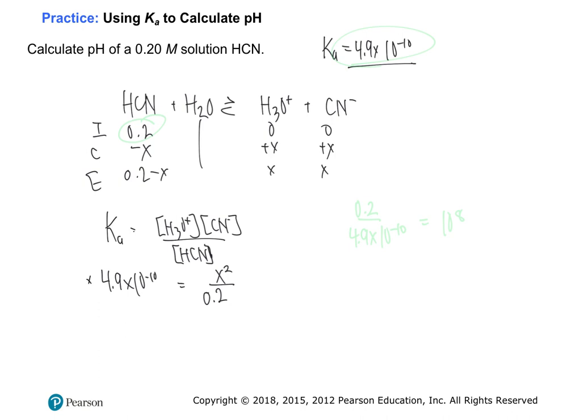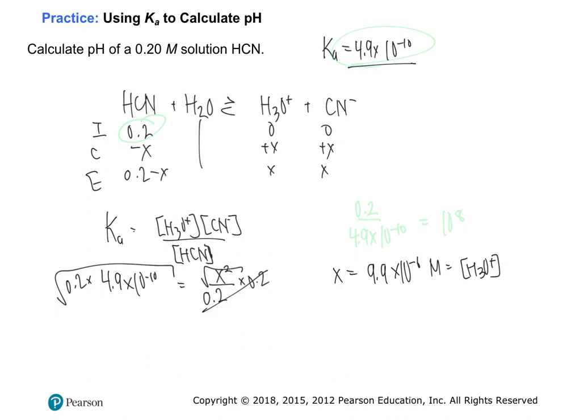So then to solve for X, I'll multiply by 0.2 on both sides, square root. So we get 0.2 times 4.9 times 10 to the negative 10, square root. And I get X equals 9.9 times 10 to the negative 6 molar. That's my hydronium concentration.